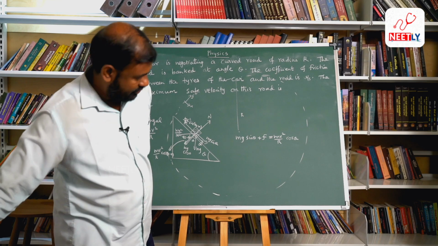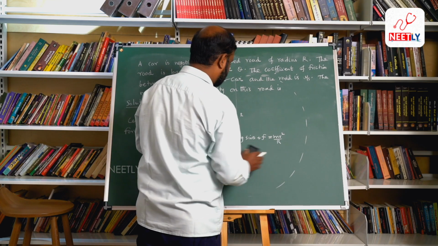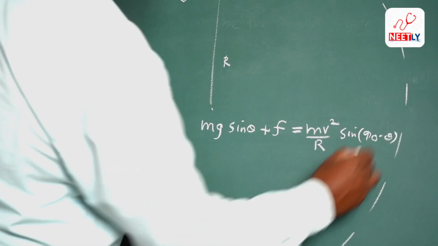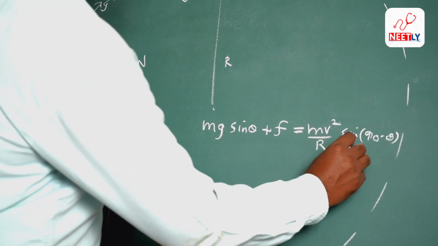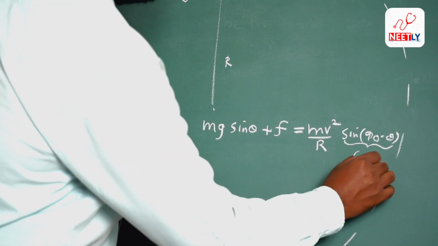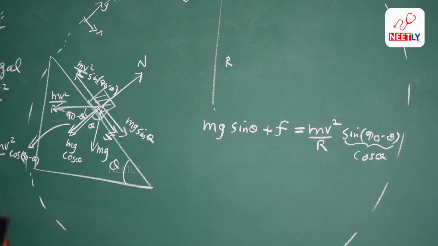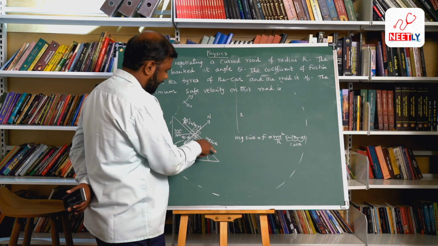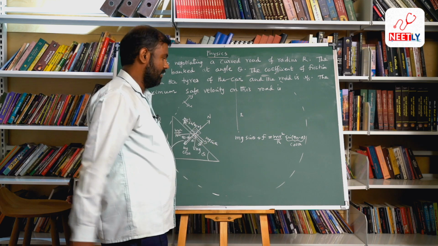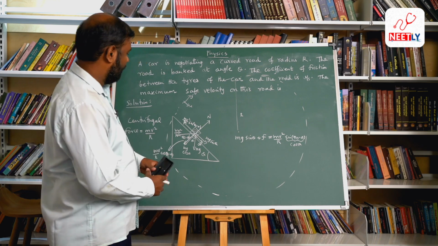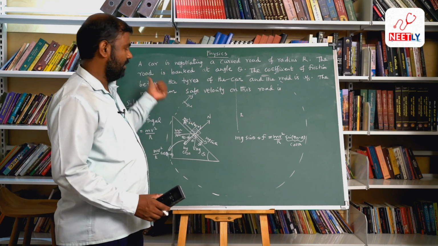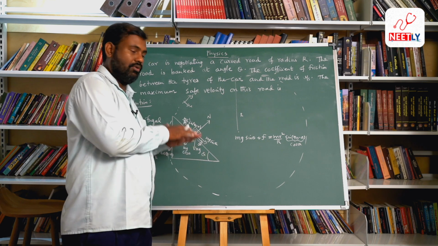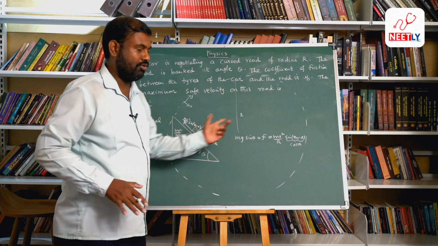Remember they have to balance. So, mg sin theta plus f has to exactly balance the mv square by r component. Suppose the mv square by r component is greater than this, what will happen? The car will start to move upward along the inclined plane. But I want a safe turn, so they have to be balanced.